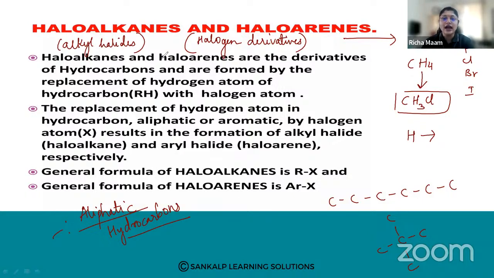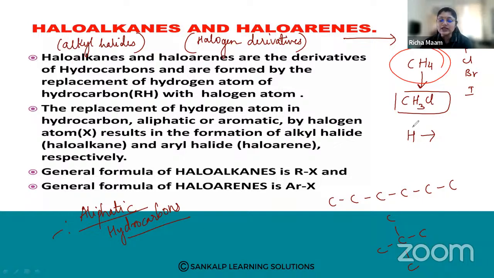So haloalkanes are the halogen derivatives of aliphatic hydrocarbons in which one or more hydrogen atoms, any number of hydrogen atoms, are replaced by halogen atoms.